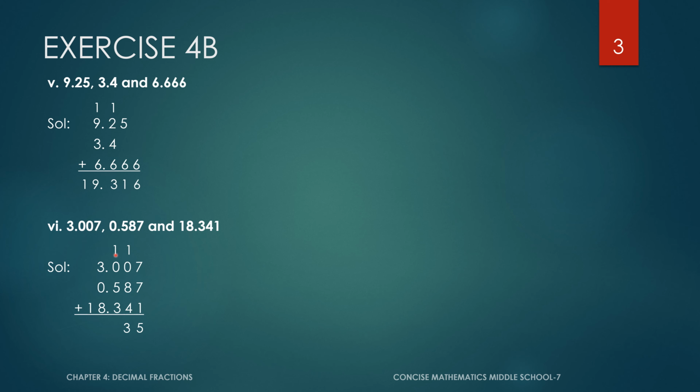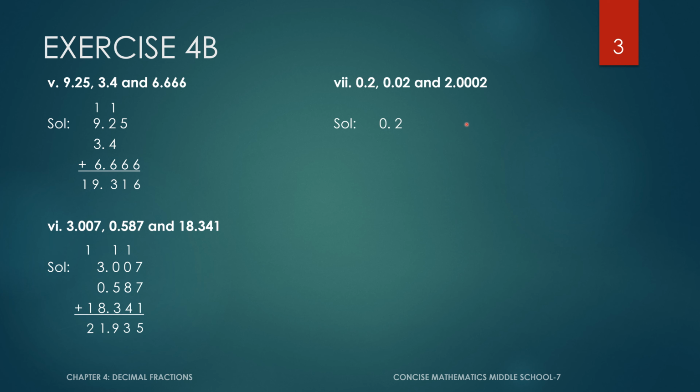So 1 should be placed on the top and 3 should be placed in the tens place. 5 plus 3 plus 1 is 9. 8 plus 3 will be 11. So 1 should be placed on the top and 1 should be placed in the down, that is thousands place, and 1 plus 1 will be 2.